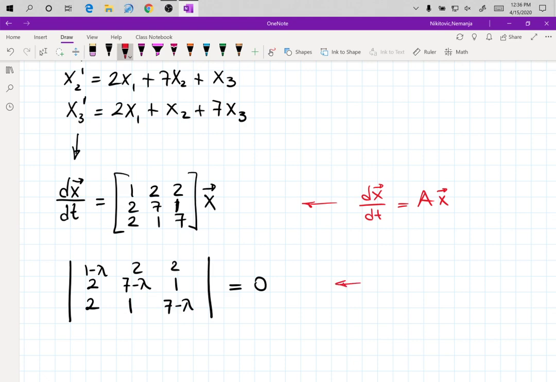That equation there is your A minus lambda I. I have this bad habit of putting parentheses instead of absolute values. I don't know why. It's a determinant.